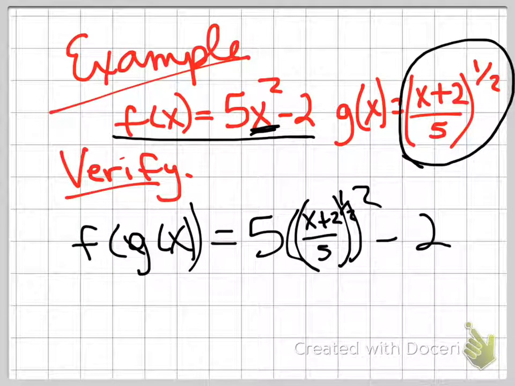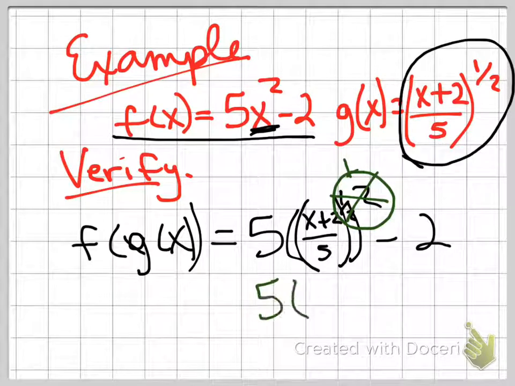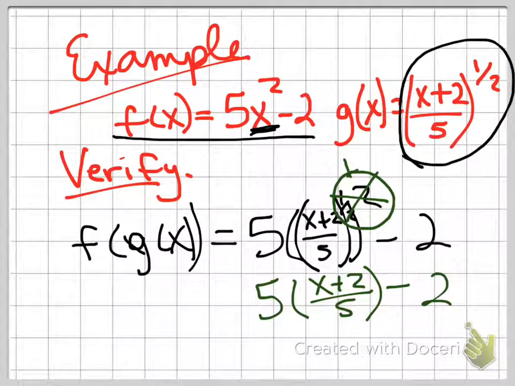So what happens if I multiply 1/2 times 2? Since we have a power to a power, if I multiply 1/2 times 2, you just get 1. So if the exponent is 1, we don't actually have to write it. So now this is 5 times (x plus 2 over 5) to the first exponent, but we're not going to write it, minus 2.